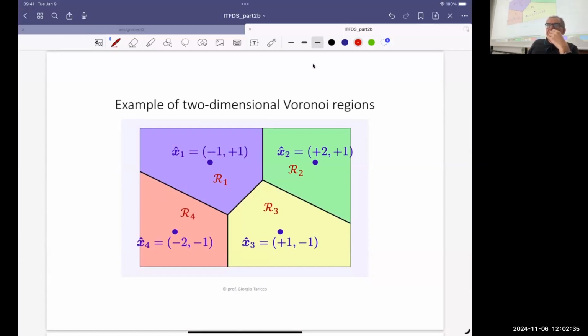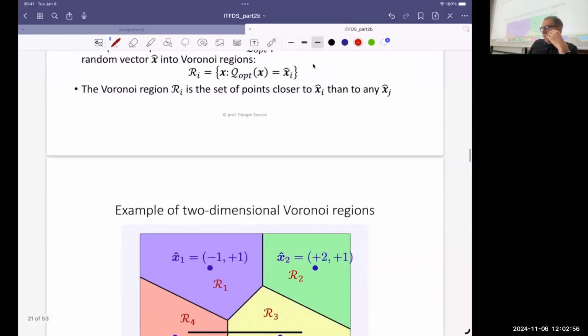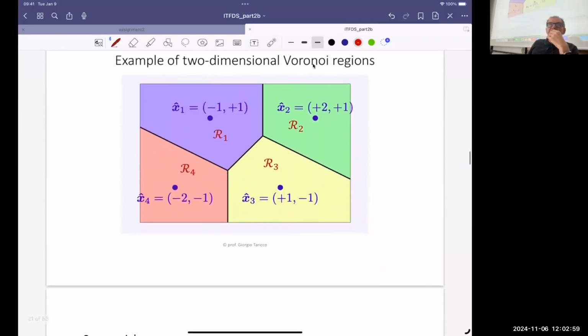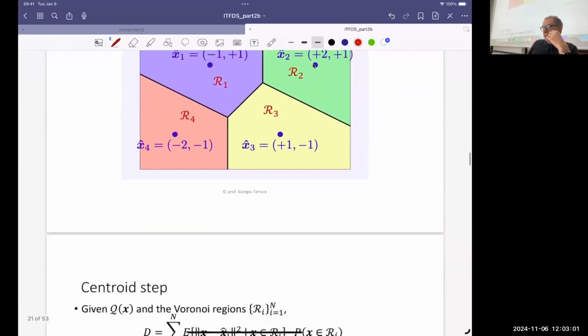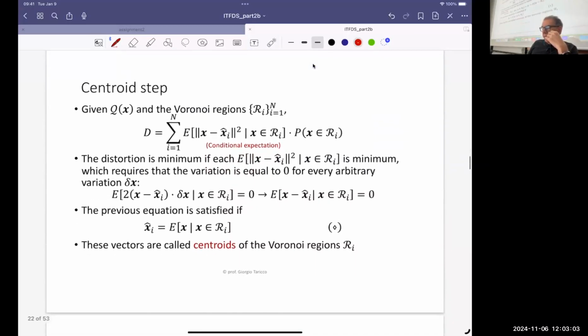In general, in m dimensions, the Voronoi region is delimited by a hyperplane with m-1 dimensions. And when m is equal to 1, the hyperplane with 0 dimensions is the point. So you can see that this is just a direct extension of the previous algorithm.